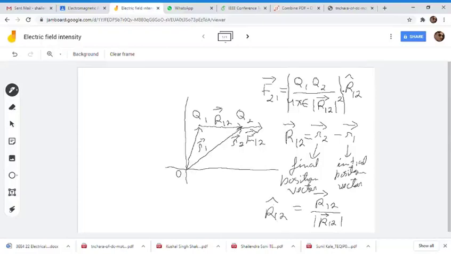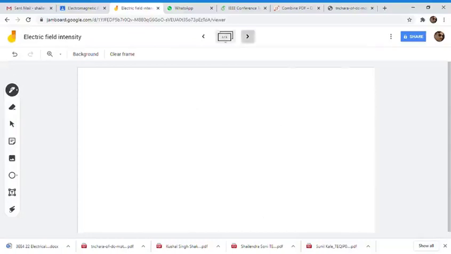So let us use this force concept to build the concept of electric field intensity, which you also call the electric field. So what is the electric field?